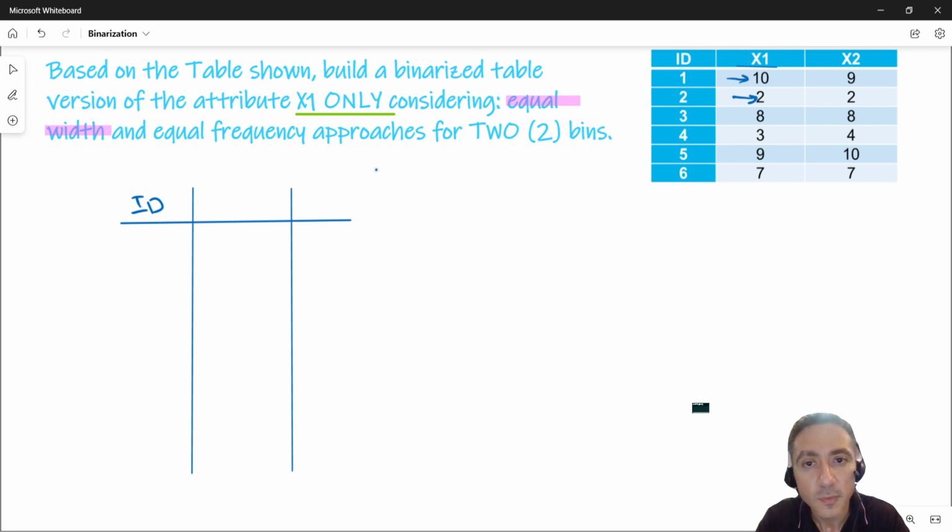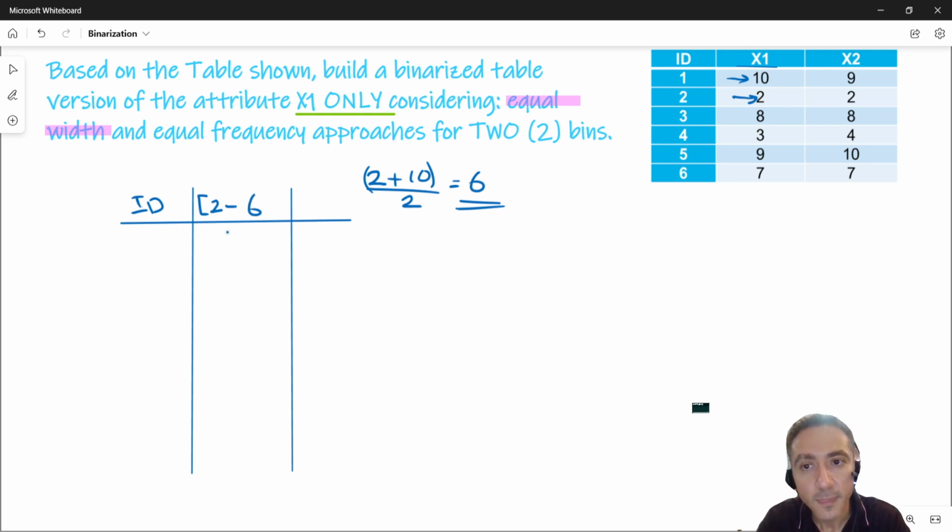Very simple. In order to split, I need to find the split point. I can take 2 plus 10, divided by 2, and I get the value 6. Based on this, the first range should start from the smallest value, which is 2, up to 6.